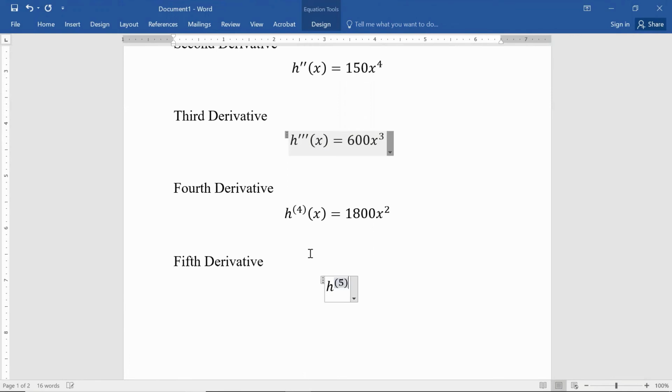Notice that we want to make sure that that's a 5 in parentheses, because if you don't write the parentheses, then it looks like you're taking it to the 5th power. If I just write a 5 there, that just means h to the 5th power, but with parentheses, it means the 5th derivative of h. So that's the different notation. And you could take a 6th, 7th, and 8th, any derivative you want.